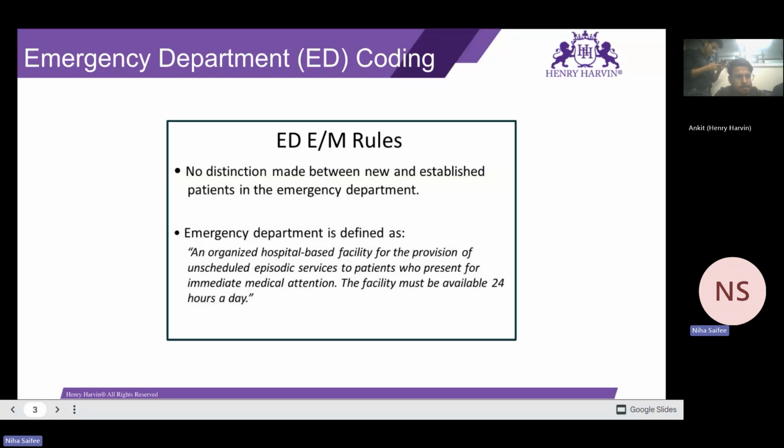So it's episodic, not an everyday thing, it's a once in a while thing. So it's an episodic service given to the patient and it is unscheduled. You don't have to take an appointment. You don't take an appointment to go to the emergency department. Okay, you just go to the emergency department.